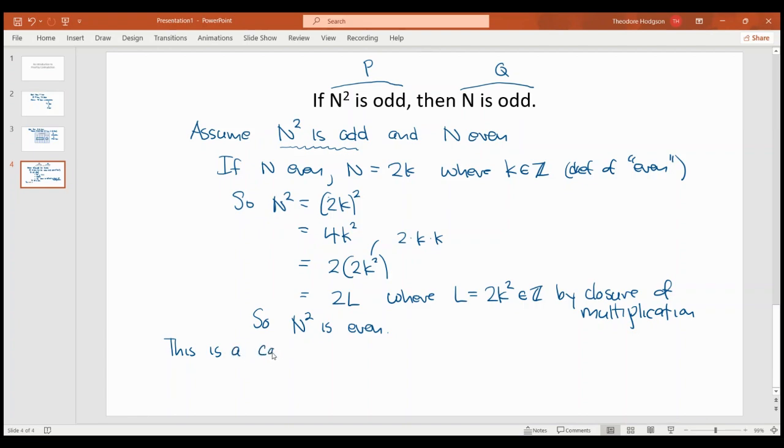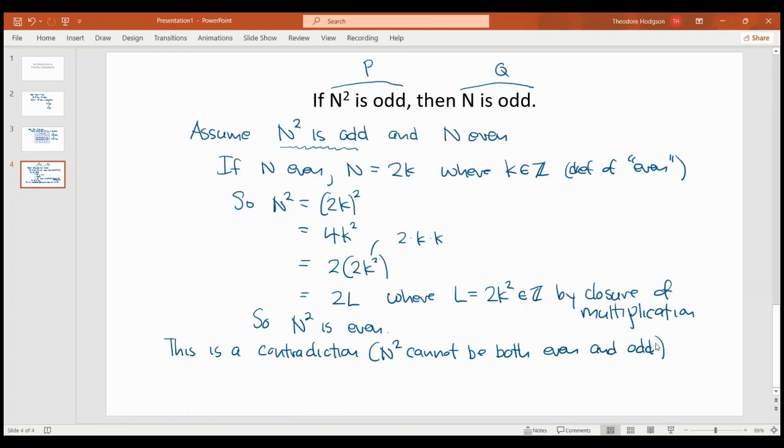It's good to always identify the contradiction: n squared cannot be both even and odd.